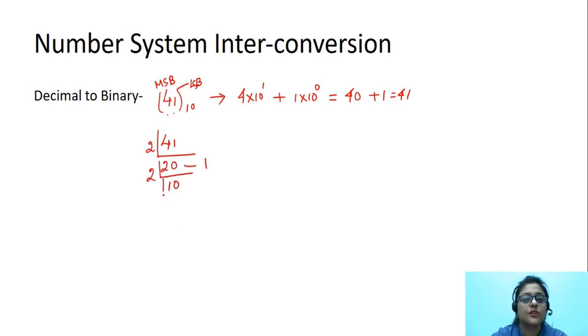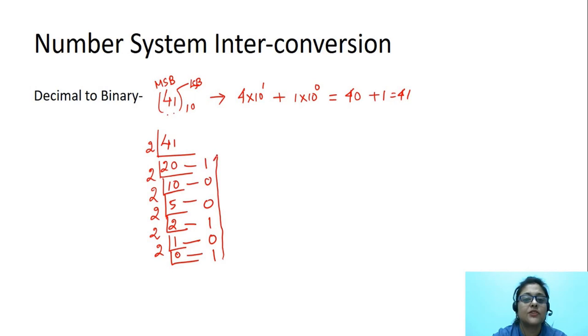Then 2 twenties, 40, the quotient is 20 and the remainder is 0. 2 tens, 20, remainder is 0. 2 fives, 10, remainder is 1. 2 twos, 4, remainder is 0. 2 ones, 2, remainder is 0. Then the last quotient is 0 and the remainder is 1. So we go up to the last stage where we have a 0 at the bottom, and we start counting from the last stage like this. So the corresponding value of 41 base 10 in binary number system will be 101001.